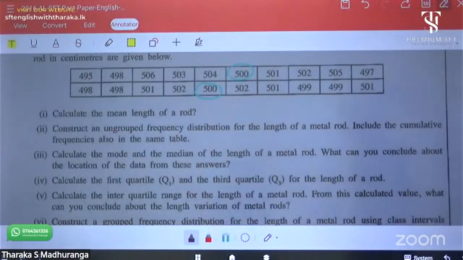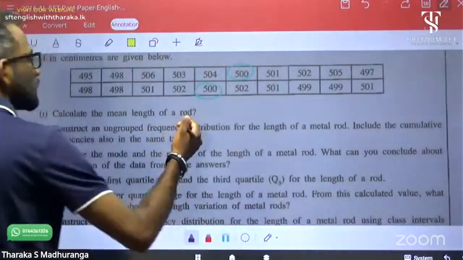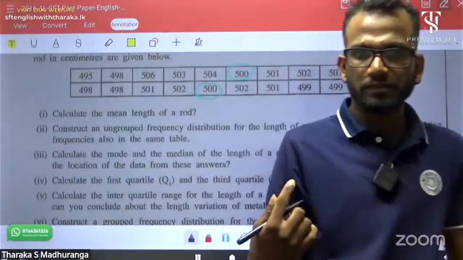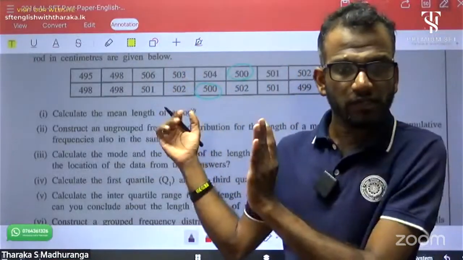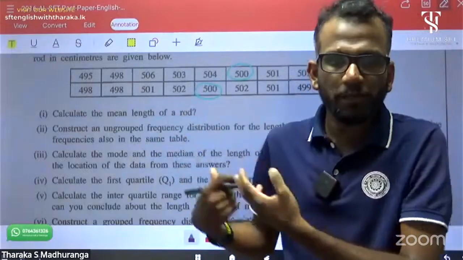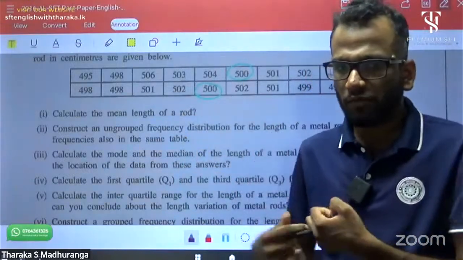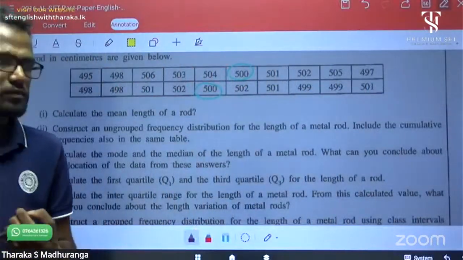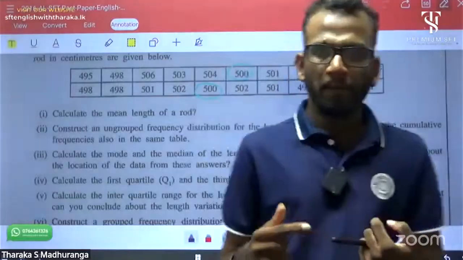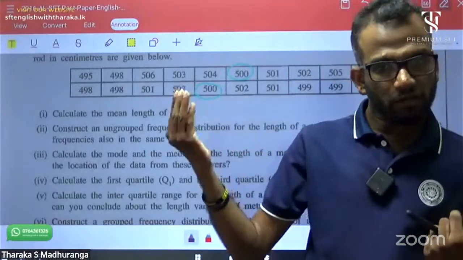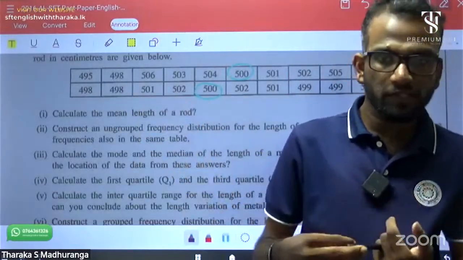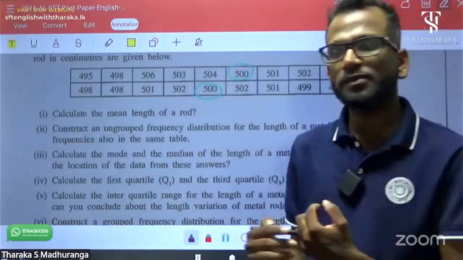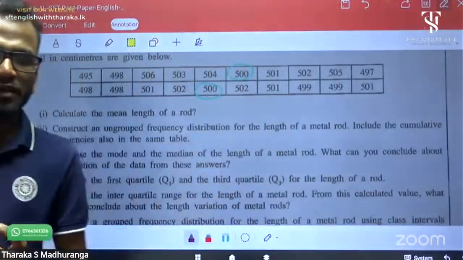Okay, what's the method you have to use to calculate the mean? Which method can you use? Simple frequency method or ungrouped method? First method or second method? Now we have discussed two methods. First method, the simple frequency distribution method. The second method, the ungrouped frequency distribution method. Which one is the best? Not best.